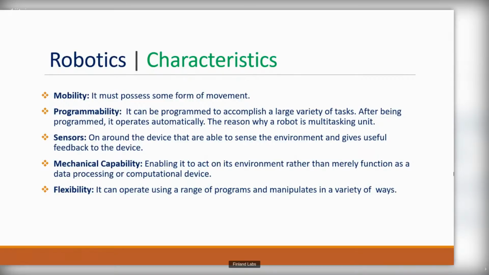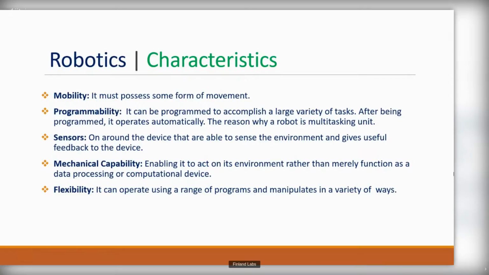So flexibility means you have the option to change the program so that it can manipulate in a variety of ways. So these are some features which a machine should have, and if the machine has all these features, then we can call it a robot.